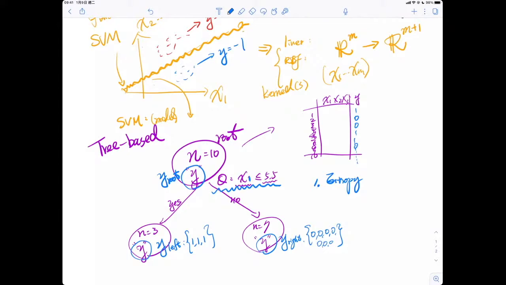The first tool we discussed last week is entropy, which in Mandarin is 熵, and can also be translated as 乱度. So how do we evaluate? The entropy before you partition is y root. The entropy after you do such a partition is y left and y right.